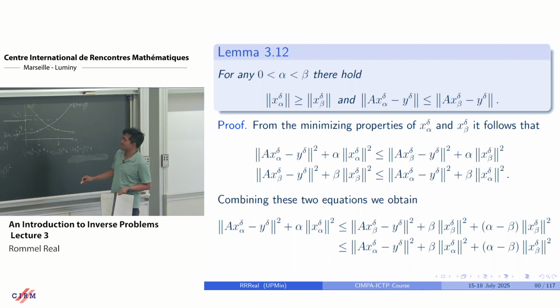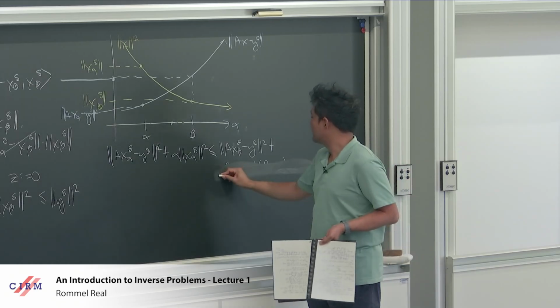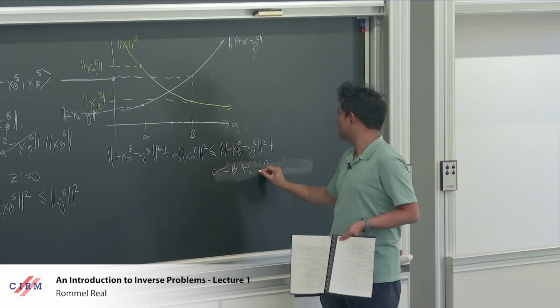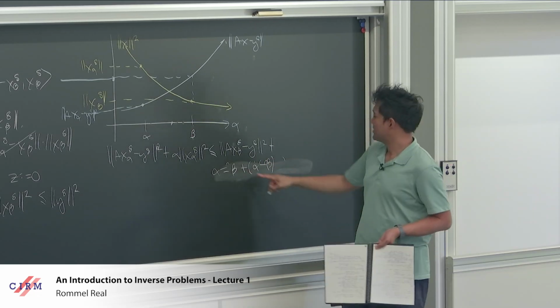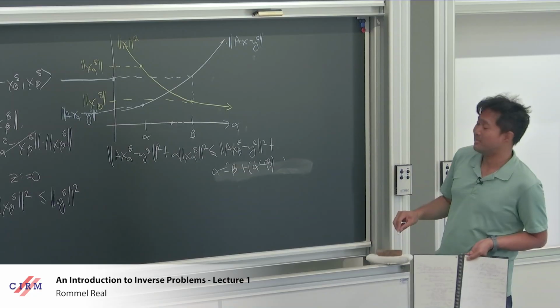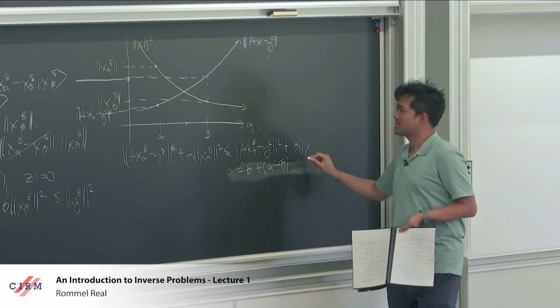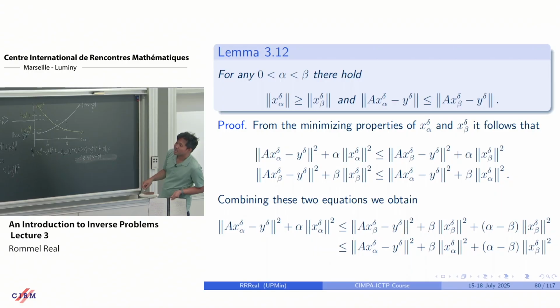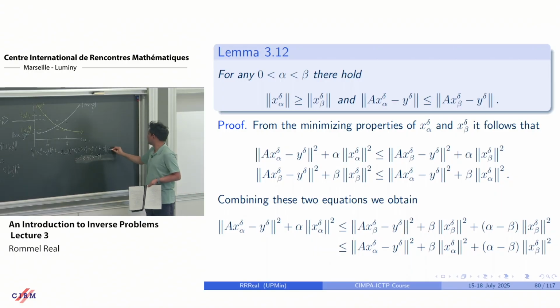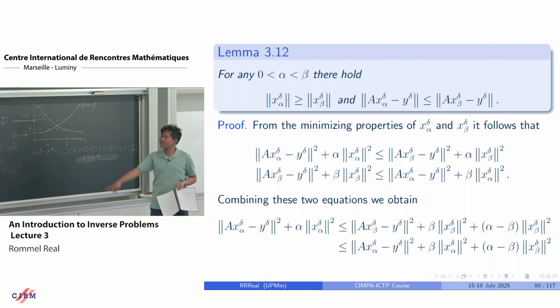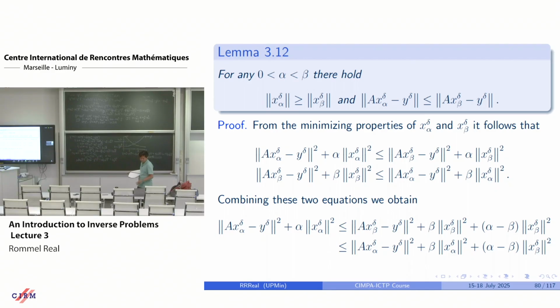That should be alpha equals beta plus alpha minus beta. So that's why you have something like beta times the norm of x beta delta squared plus alpha minus beta times the norm of. So that gives this inequality here.